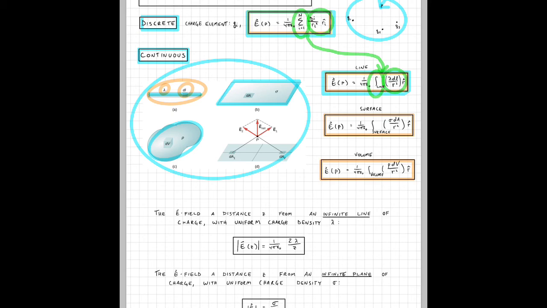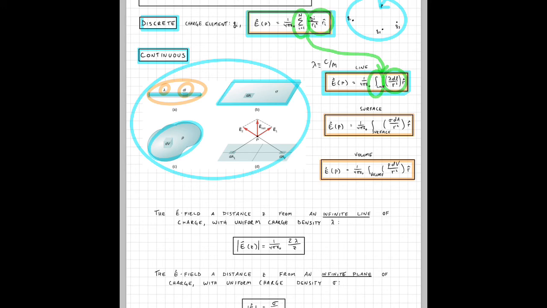Right, so the units for lambda are charge per meter. So if I do lambda dl, that's in units of charge, just like in the previous expression.